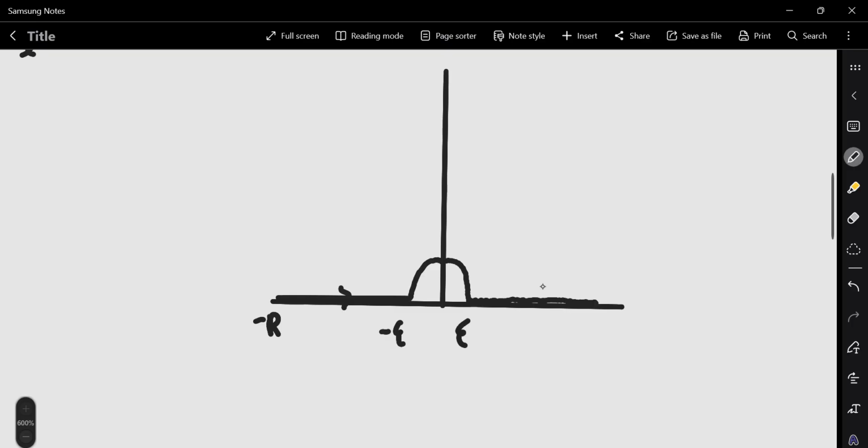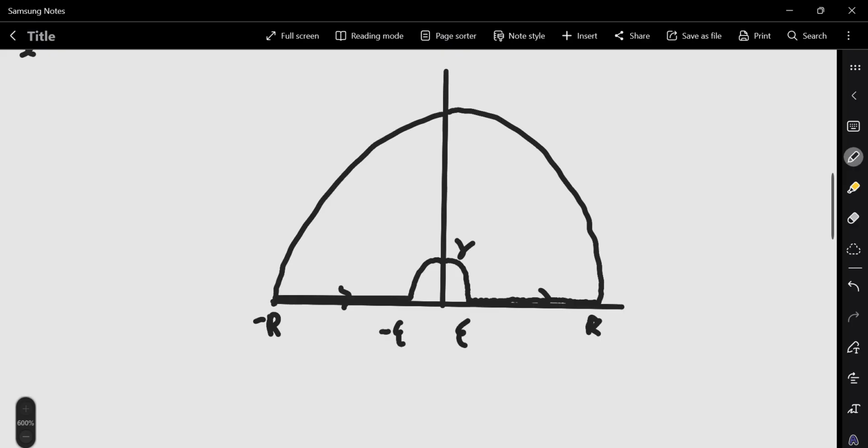And we're going to hit our point R. And this is also going to be a point little gamma. And then we're going to go back around anti-clockwise around our plane back to R. Not too well drawn, but it'll do.